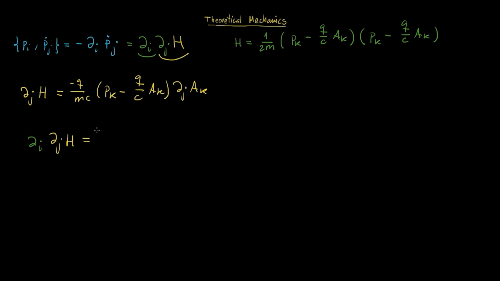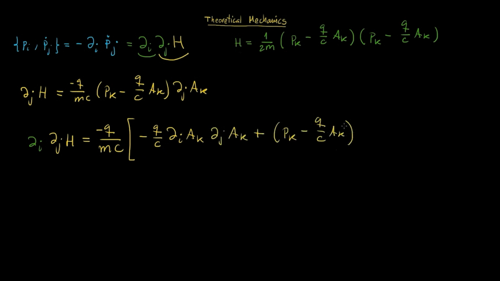So minus q over m c times the derivative of this expression with respect to x_i: this is 0, minus q over c partial i A_k times the second term plus the first term times the derivative of the second term.